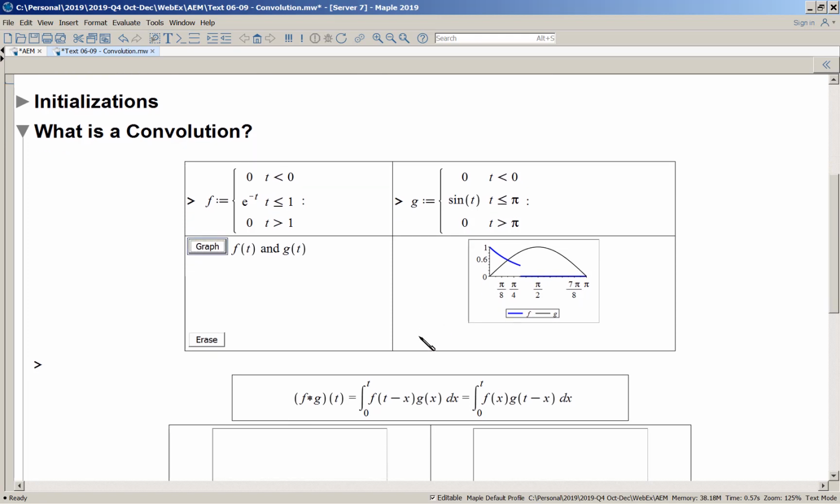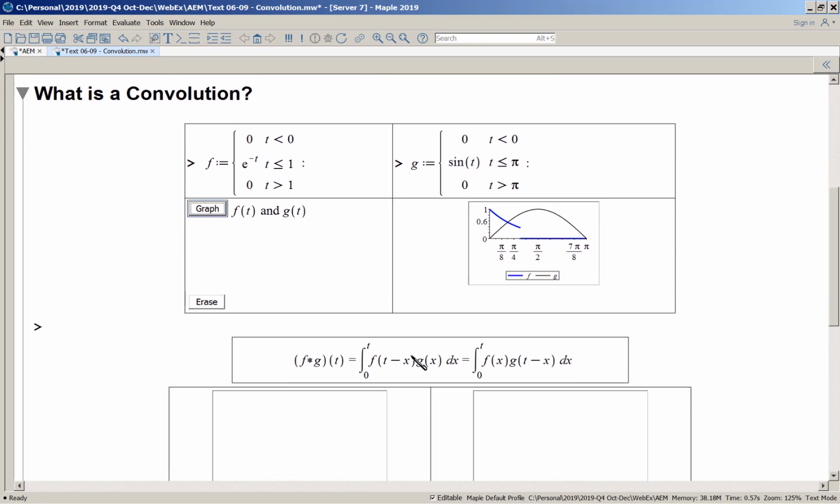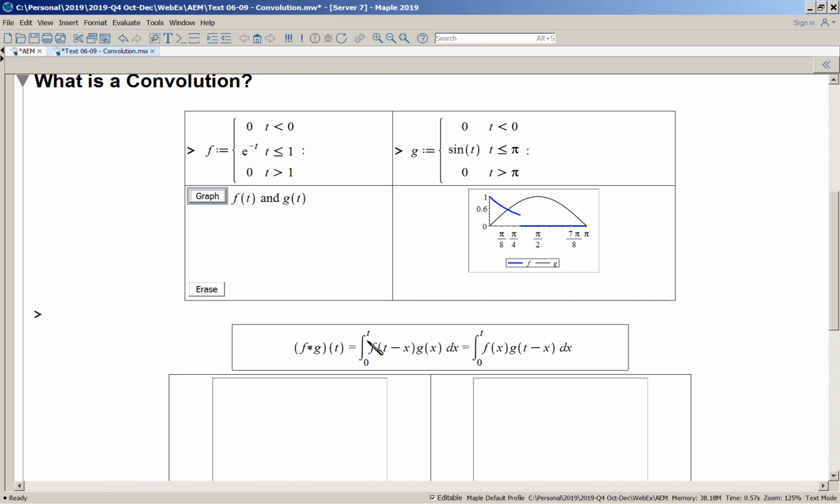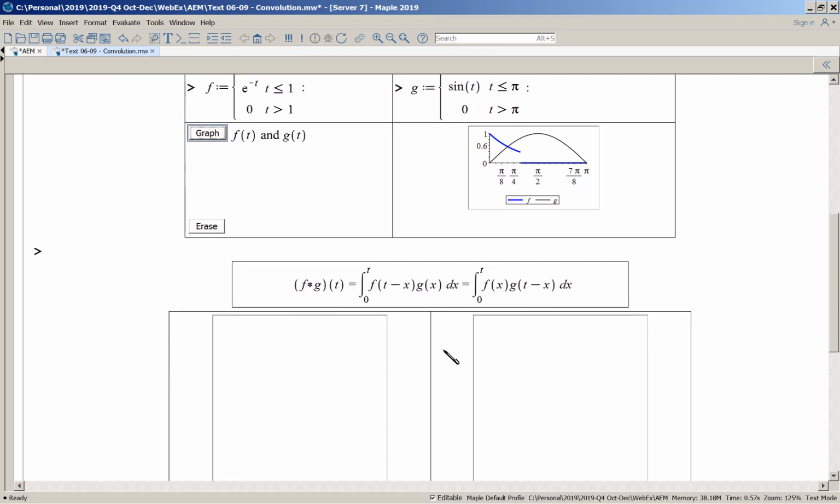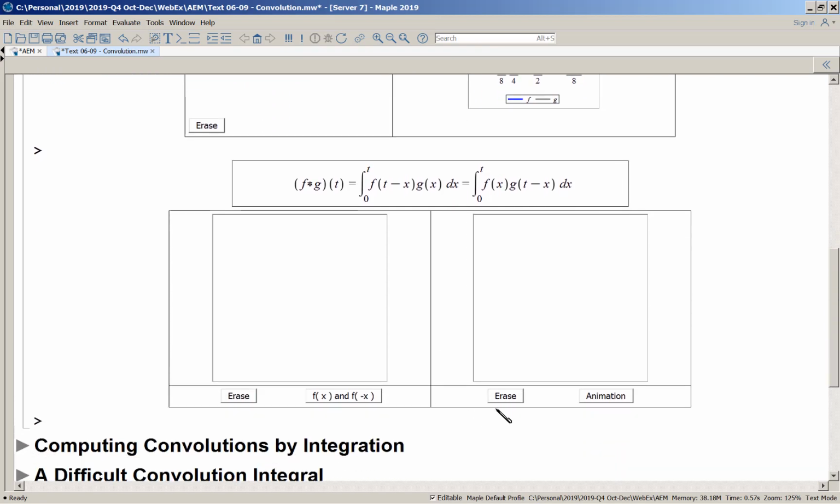Now, a convolution for Laplace transform can be defined either by this integral or this integral. They're equivalent. You make a change of variables. What does this integral mean? Can we get some meaning from that integral? So I'm going to draw some pictures here.